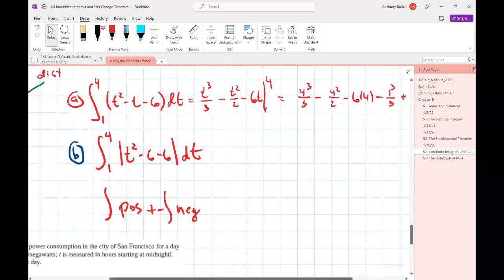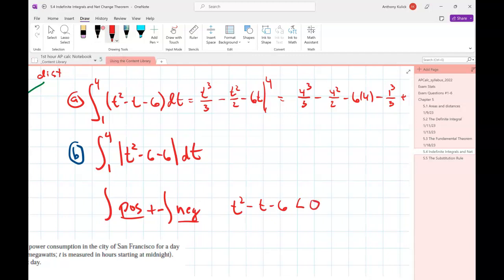So to find the positive and negative parts, I'm going to take my function and figure out where it's negative. Everybody's okay with that?